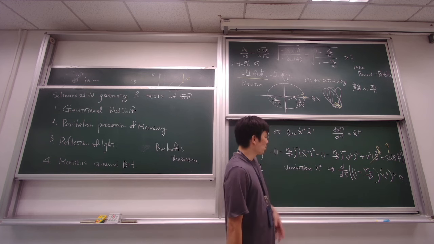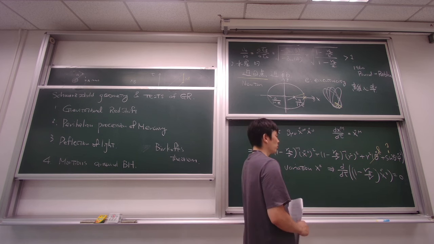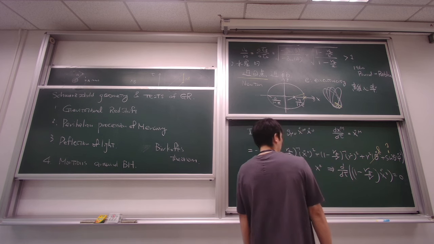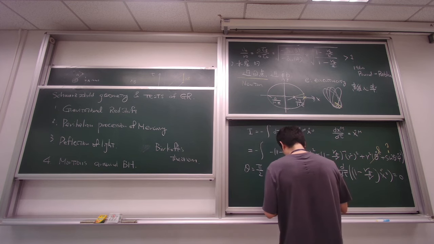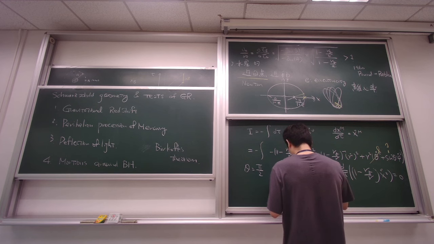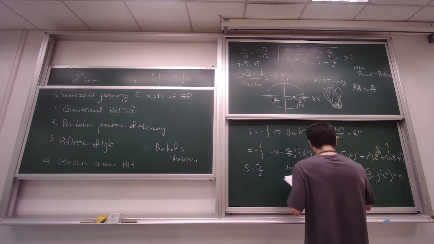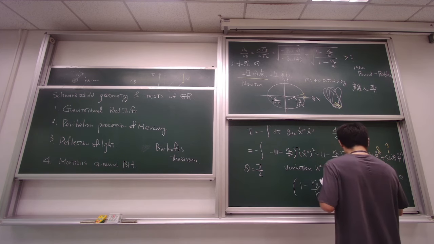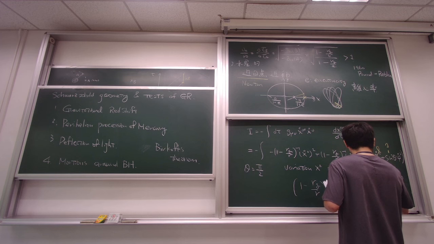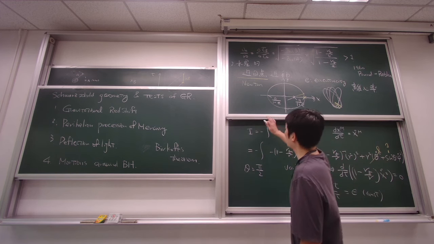This is the Euler-Lagrange equation, as you can easily see. And this means that we can just consider that (1 minus rg over r) dt/d tau is equal to epsilon, which is constant. Okay, so this is one consequence.